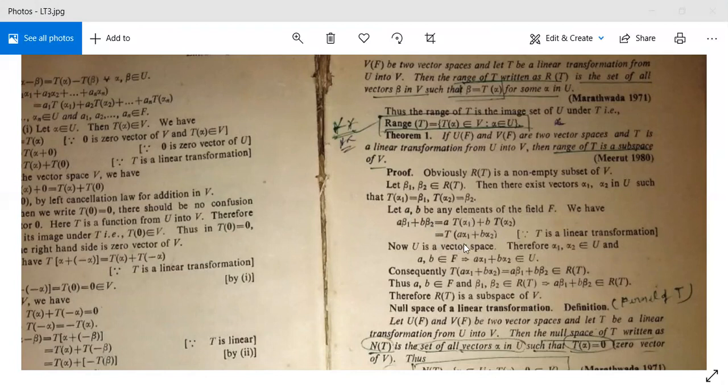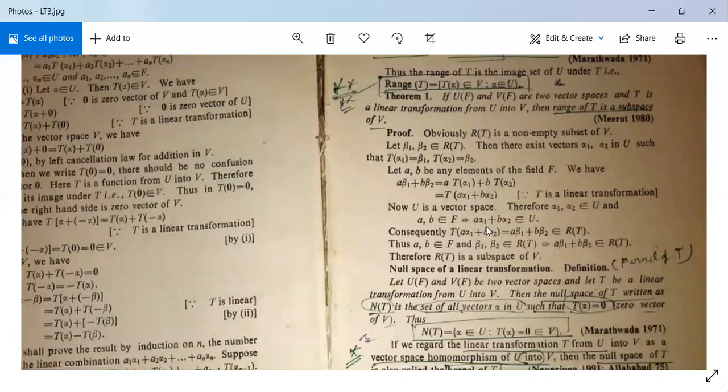So this is equal to T(aα1 + bα2). Why? Because T is a linear transformation. Now it is given that U is a vector space. Therefore, α1, α2 belong to U and a, b belong to F. It will imply that aα1 + bα2 belongs to U. No doubt it is true. Therefore, T(aα1 + bα2) is equal to aβ1 + bβ2.